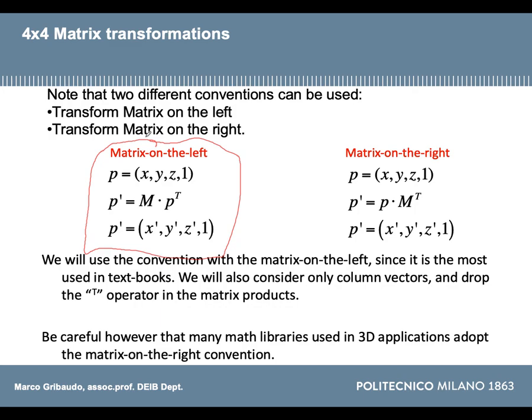However, for those of you who will try to learn using tutorials based on publicly available libraries that do most of the more common and repetitive tasks, well, the most popular library that creates and handles matrices for computer graphics uses the matrix on the right solution. Okay? So, it might be that the standard they will be using will be different from the one that you are used to. Be warned about that.